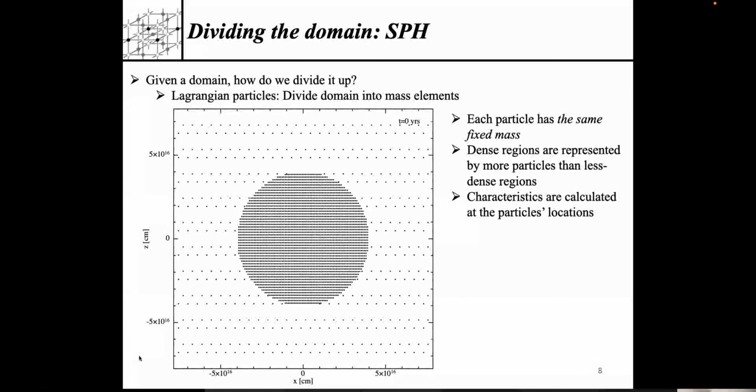In most of the recent SPH codes, each particle does have the same mass. So if we have the same mass per particle, that means to represent a dense region, we just need more particles. So in this example, we can see we have this nice sphere where we have a lot more particles than in the background, which has a lot less density.